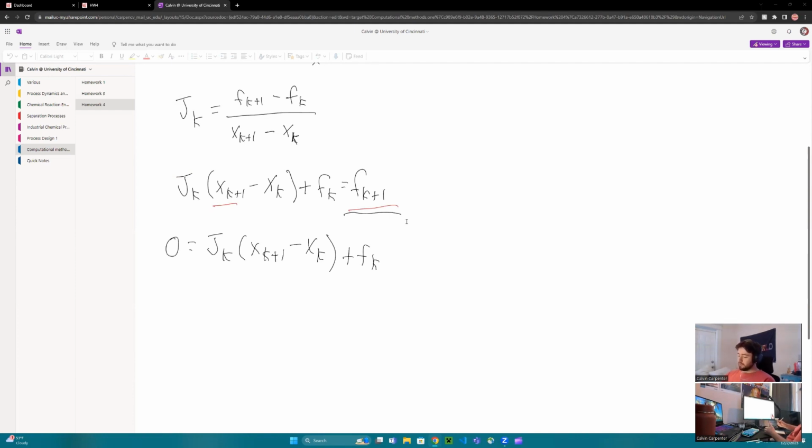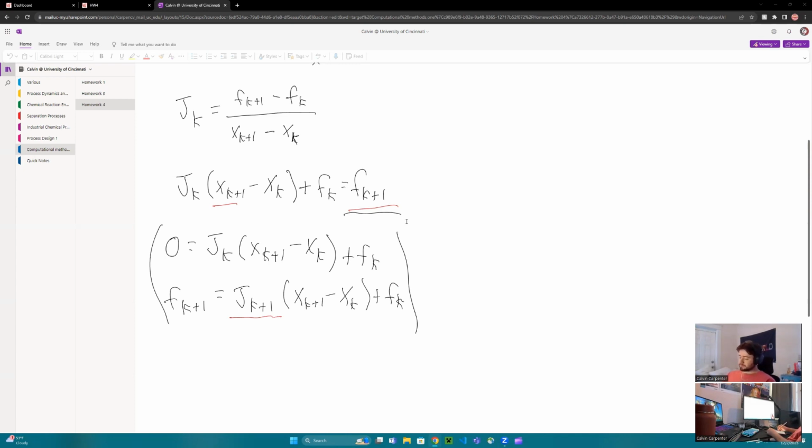So we can rewrite that. F of k plus 1 equals j of k plus 1 times x of k plus 1 minus x of k plus f of k. So now we have the updated Jacobian involved. So now we're going to subtract these two equations and get a new function.